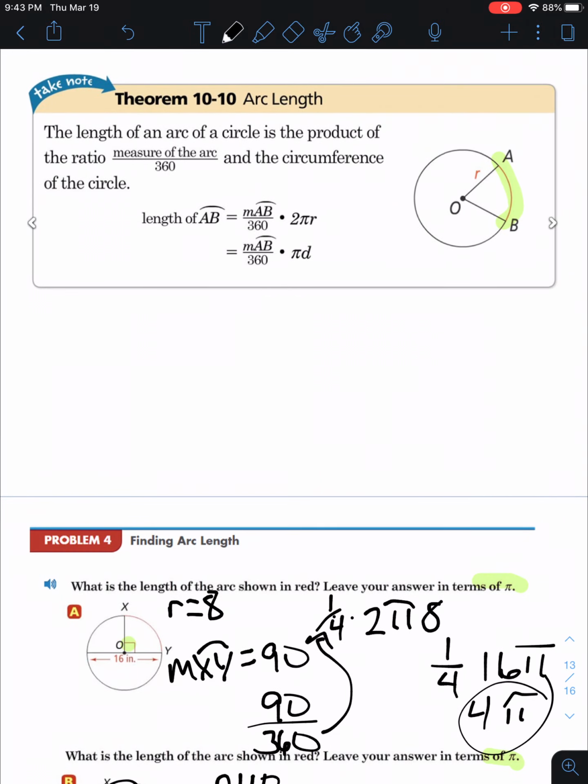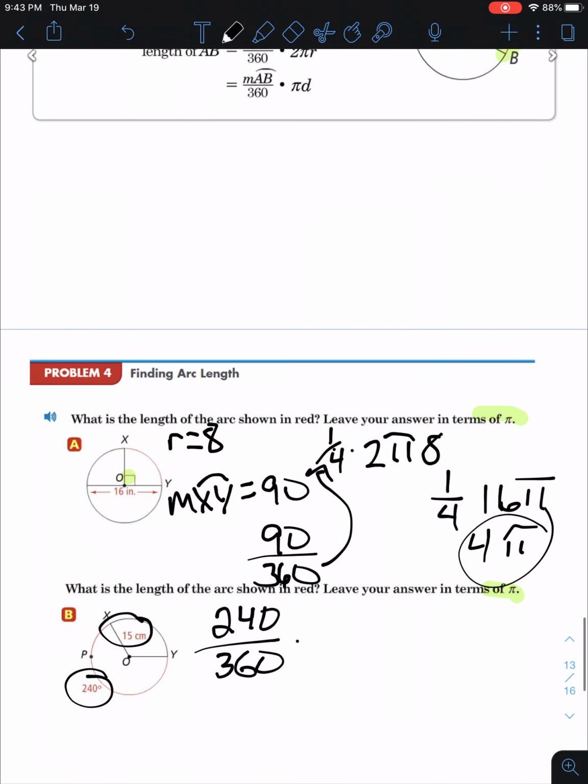Okay, 240 over 360 times 2 pi times 15, which is 30 pi. Okay, we can cancel that out. The zeros will cancel. And 24 over 36, divide them by 12s, you're going to get 2/3. 2/3 times 30 pi gives me 60 pi over 3, or 20 pi.